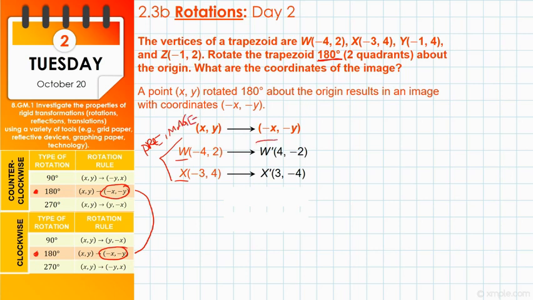When I see variables that represent vertices, this tells me that these letters represent the vertices of the image, which is after transformation. Pre-image is before transformation, image is after transformation. In this instance, we're talking about a rotation. So again, Y to Y prime should be 1, -4. Z to Z prime should be 1, -2.